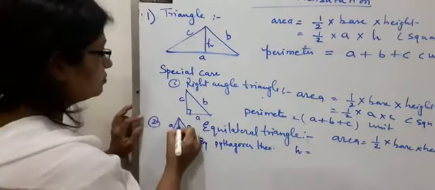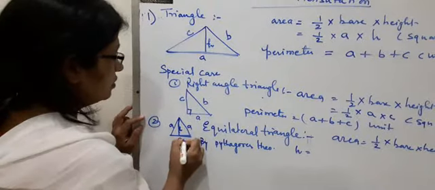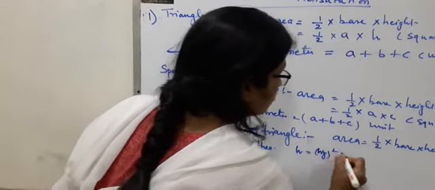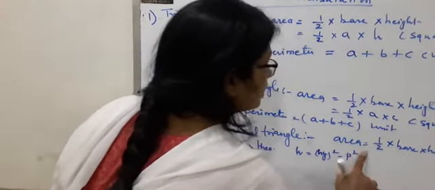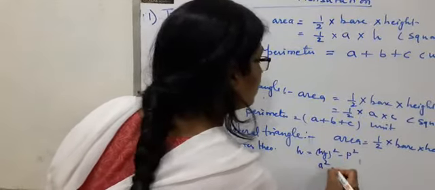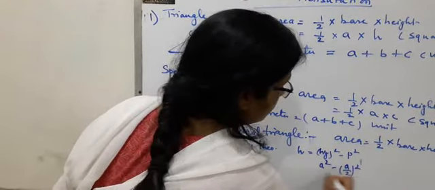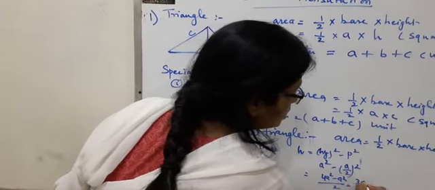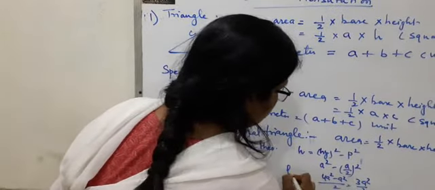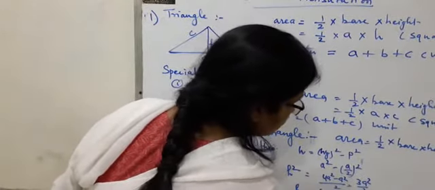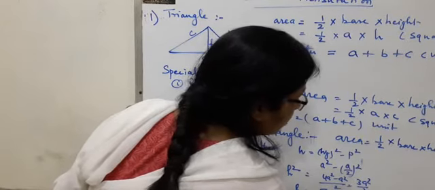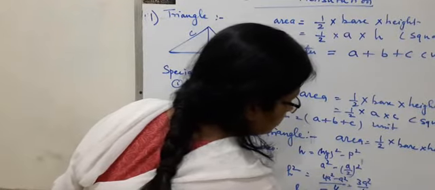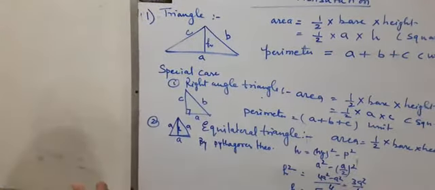Height is equal to the square root of hypotenuse square minus perpendicular square. Here hypotenuse is a, perpendicular is a by 2, so it is a square minus a square by 4, which is 3a square by 4. Then height is equal to root 3a by 2.